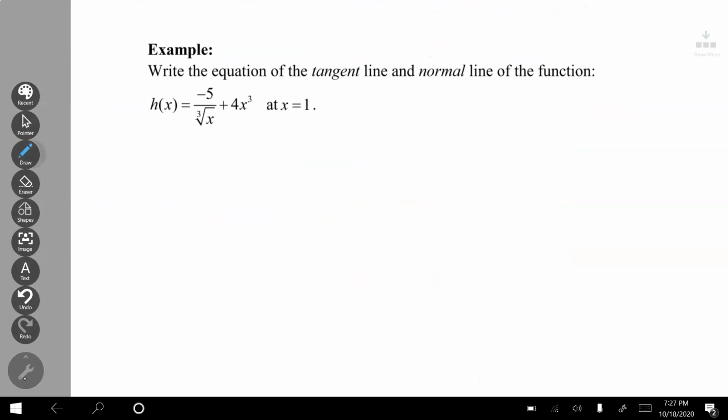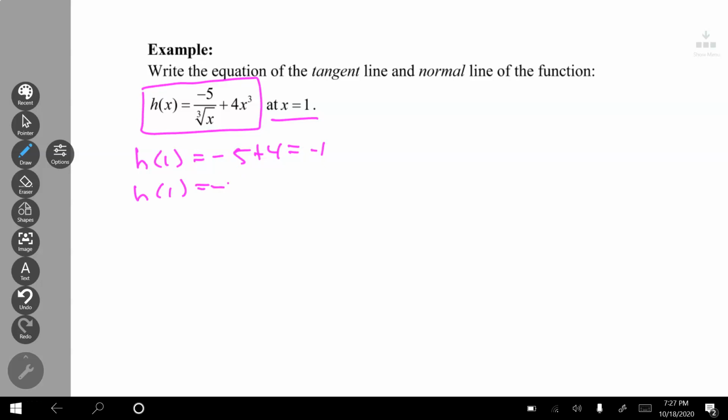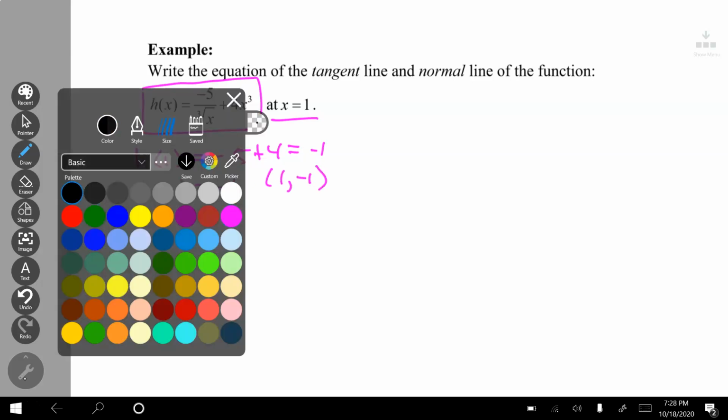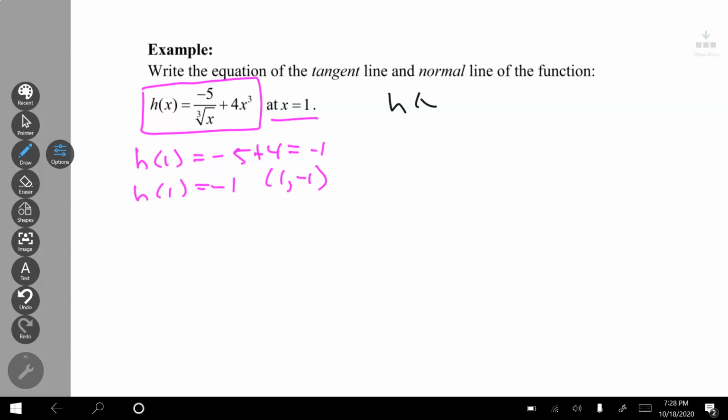Another example. Again, I have a nice easy number to plug in, so I can do h of 1 pretty easily because 1 to any power is just 1, so I get negative 5 plus 4, which is negative 1, so h of 1 is negative 1. (1, negative 1) is my point. I'm going to rewrite this function as h of x is equal to negative 5x to the negative 2/3 plus 4x cubed.